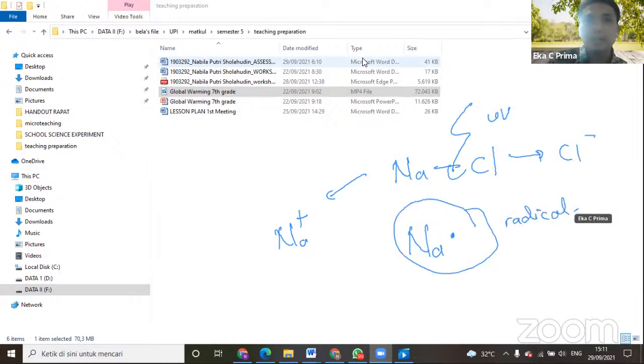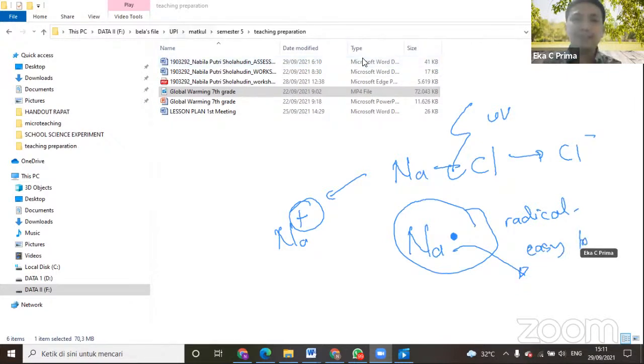Radical means this atom of Na does not receive or release an electron. They still keep one electron, but in a metastable condition. In this metastable condition, Na can easily react with any compound.